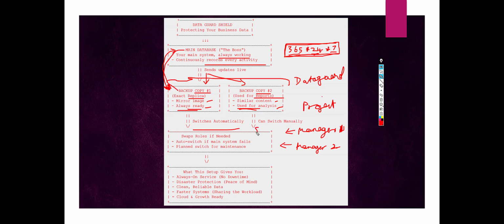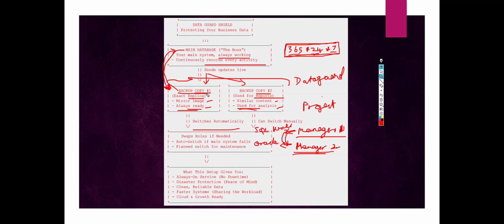This manager is managing SQL Server and this manager is managing Oracle. So in this case, they both discuss with each other and decide that manager 2 will manage SQL Server and manager 1 manages Oracle. So they are reversing their role, switching their role. That's what is similar to that.